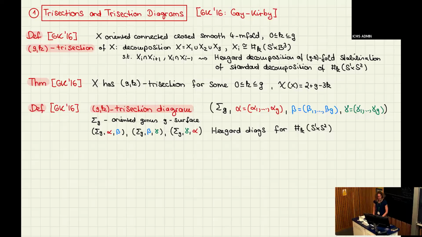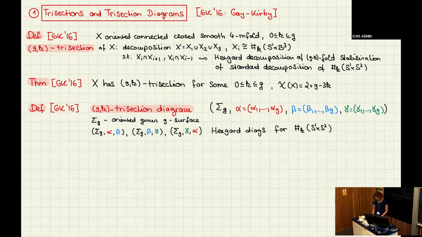Yeah, and just as Heegaard decompositions can be described in terms of Heegaard diagrams, trisections can be described in terms of trisection diagrams. Such a trisection diagram is a surface sigma of genus g, and it has three sets of g curves each, a red one, a blue one, and a green one: alpha, beta, and gamma.